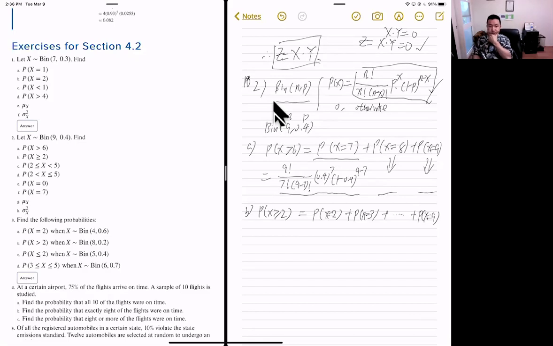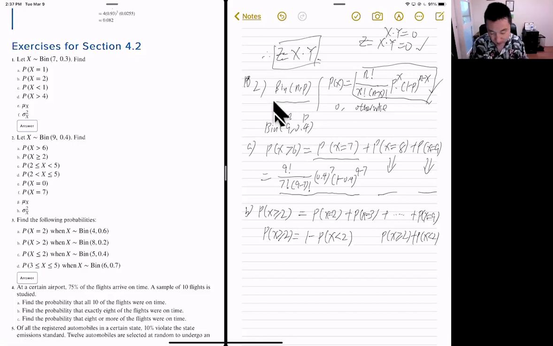Or we can use the fact that all the probabilities of the mass function added together equal 100%. Based on that, we can simplify: P(X larger than or equal to 2) is equal to 1 minus P(X less than 2), because P(X larger than or equal to 2) plus P(X less than 2) covers all possible probability added together, so that is equal to 100%.